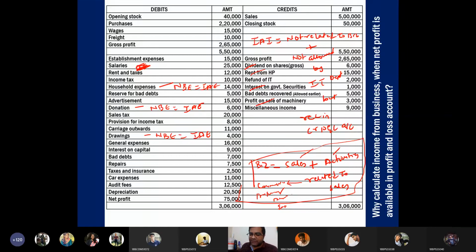So you have to remember the concept of business income. Remember this equation: business income is nothing but sales plus activities related to sales. In addition to this, whether you like it or not, you have to also remember the incomes mentioned in section 28. So this constitutes business income, right?